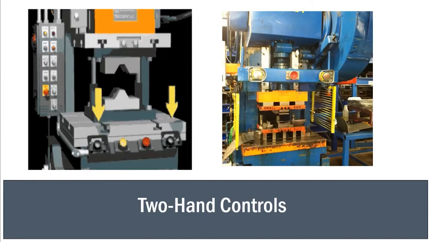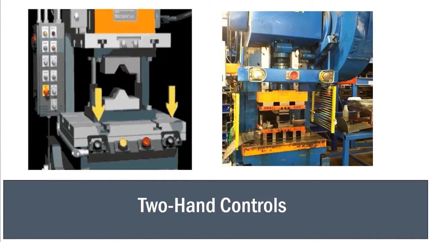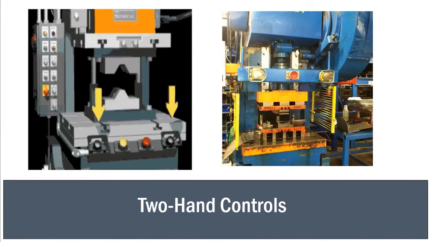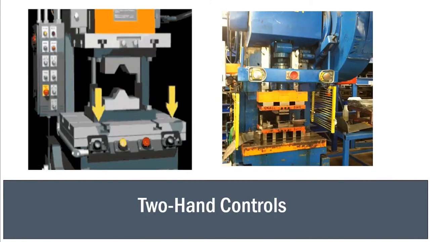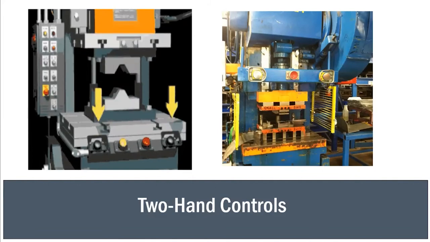So this little image shows how you would test and verify. If you press one button, press 1 and 2, it shouldn't actuate. You should have to press both concurrently to initiate the cycle, and removal of one or the other should stop the cycle.